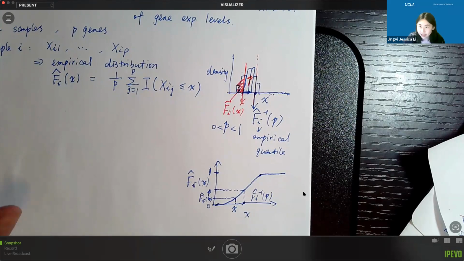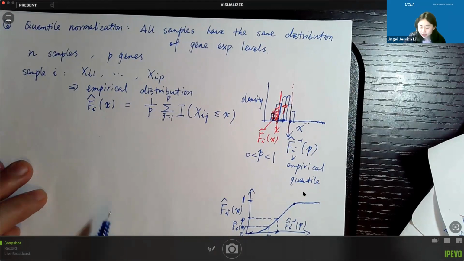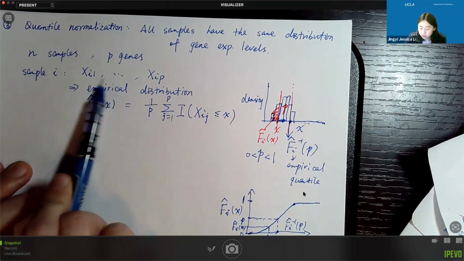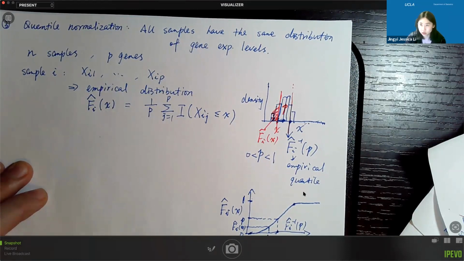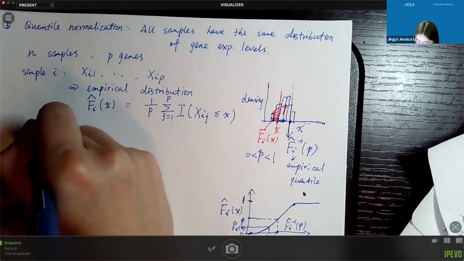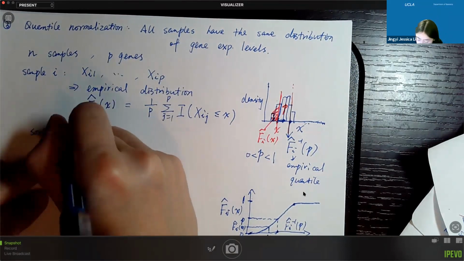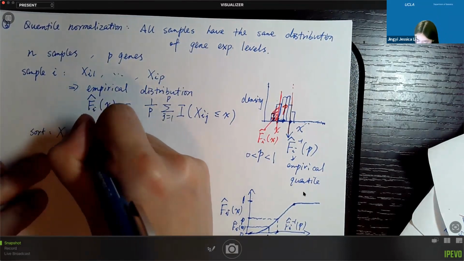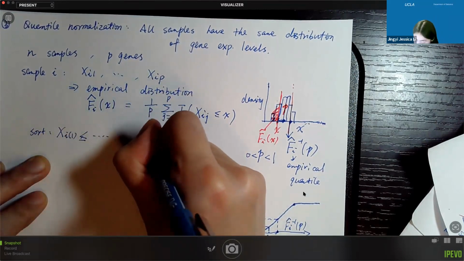And that's the basic idea of quantile regression. So given this empirical distribution, how many quantiles do we have in total? p, right? Let's say we sort the values from the smallest to the largest. After the sorting, I can call this x_(1) less than or equal to up to x_(p).